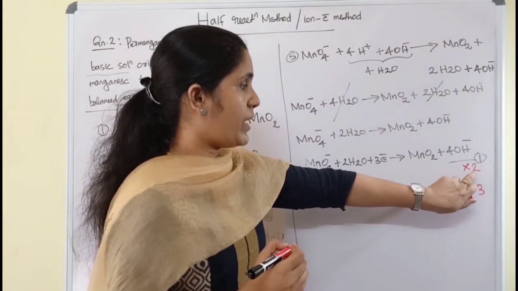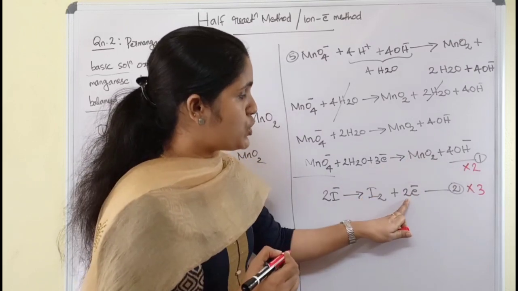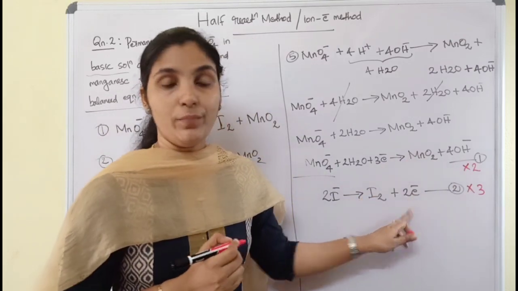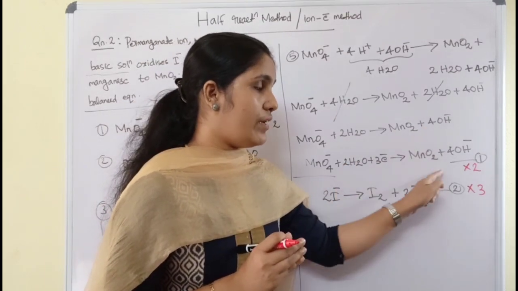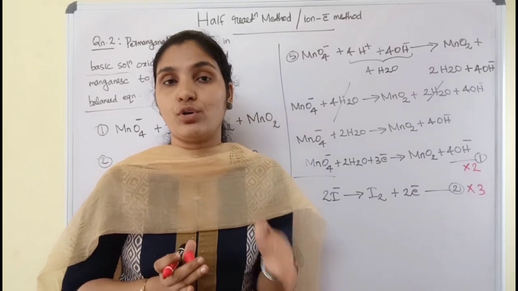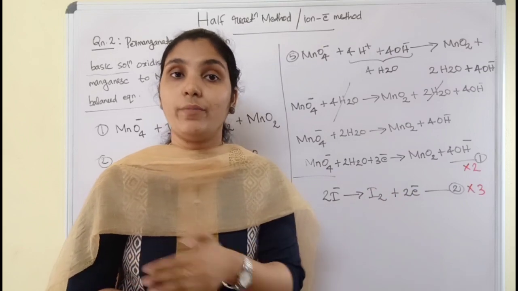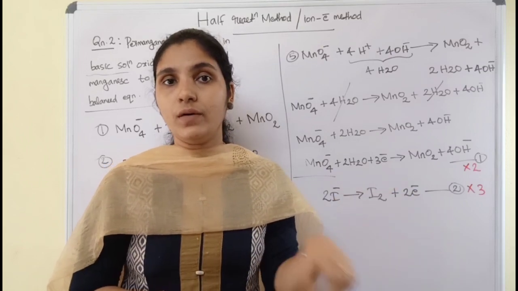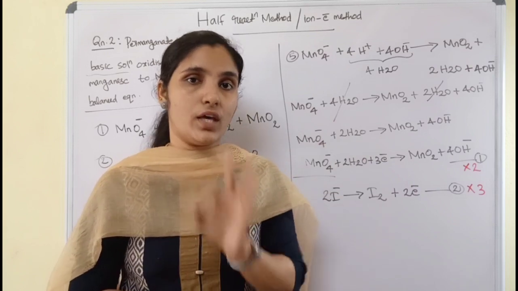So 3 into 2 becomes 6 electrons, and 2 into 3 also becomes 6 electrons. Why are we multiplying the entire equation with another digit? To make the number of electrons equal. Whether it is the oxidation number method or the half reaction method, the number of electrons donated or accepted must be equal.